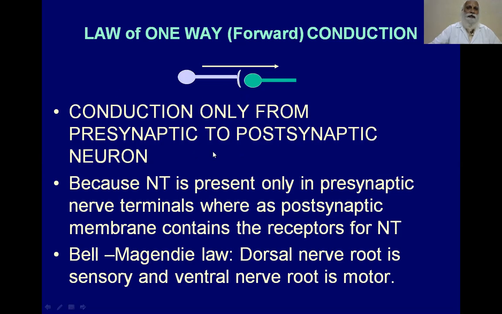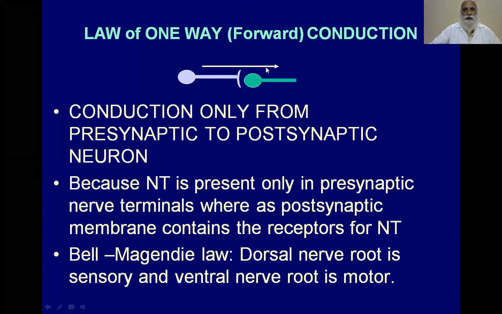Bell-Magendie law. Bell-Magendie law essentially says the dorsal root ganglia contain the sensory neurons, and the ventral root is the axon of the motor neurons. So transmission from the sensory to the motor is possible.